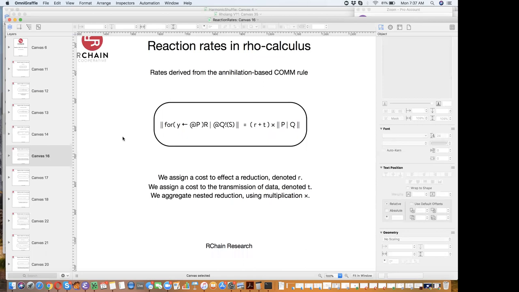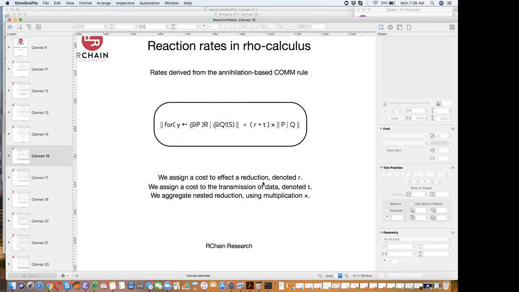Okay, so now I'm actually going to derive a notion of rate of a reaction. So if I have a COM situation, a redex expression like this, I'm going to assign a reduction cost, and I'm going to assign a transmission of data cost.